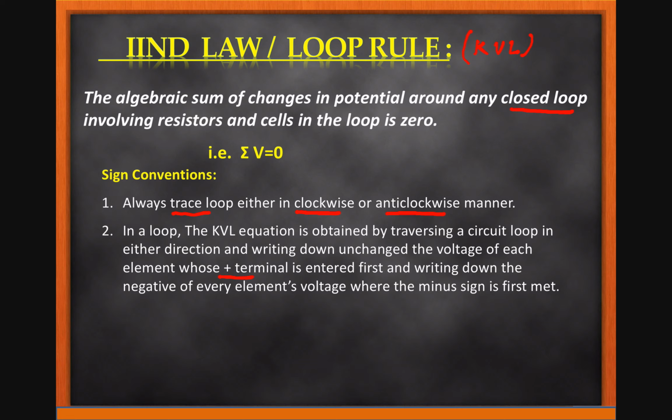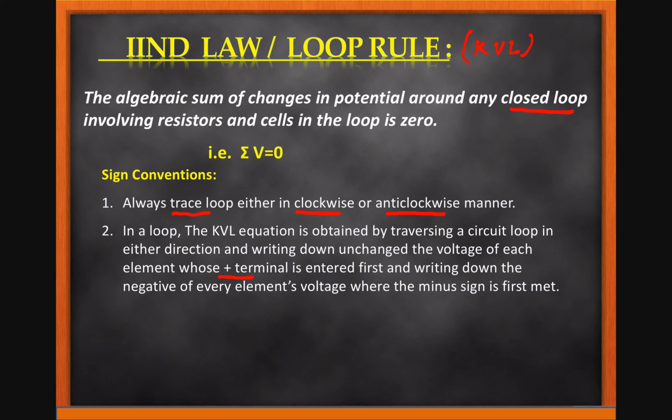in a loop, the KVL equation is obtained by traversing the circuit loop in either direction and writing down unchanged the voltage of each element whose positive terminal is entered first, and writing down the negative of every element whose minus sign comes first.